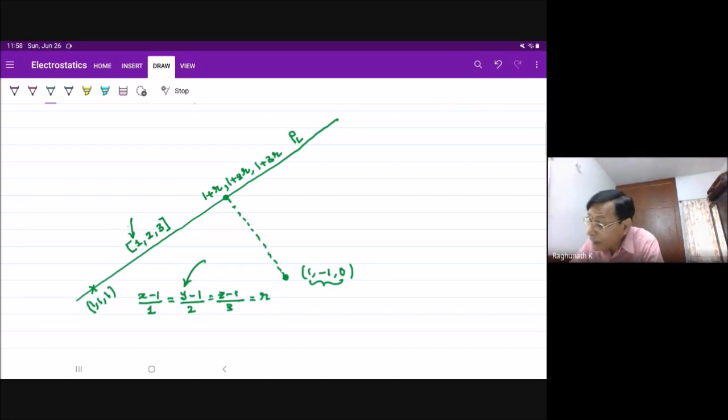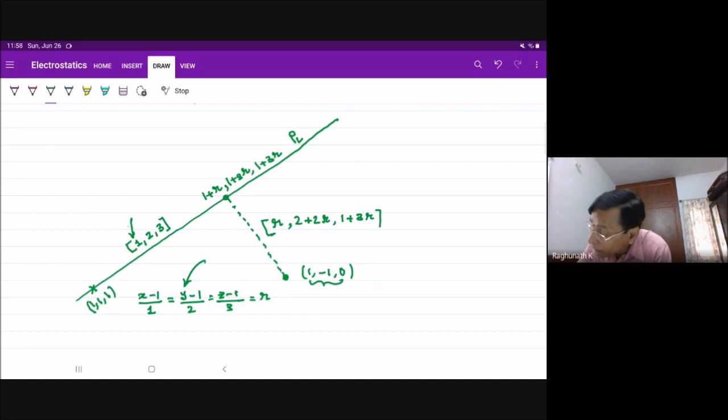Now the direction ratios of this line are the difference in the respective coordinates in the same order. 1 plus R minus 1 is R. 1 plus 2R minus of minus 1 is 2 plus 2R. 1 plus 3R minus 0 is 1 plus 3R.